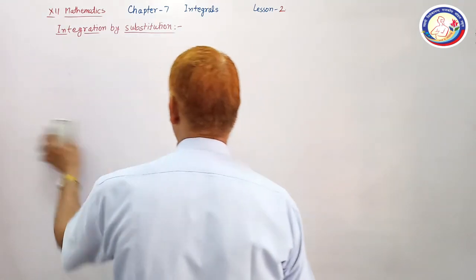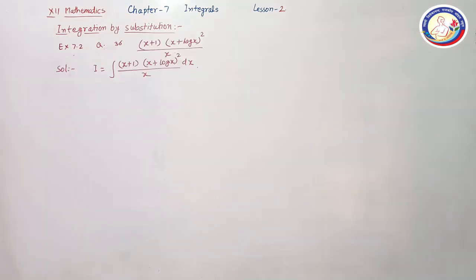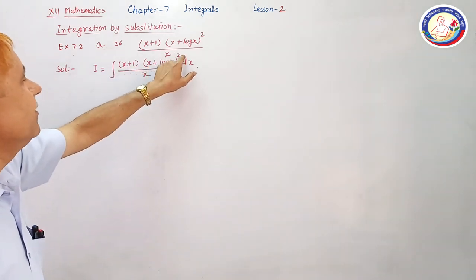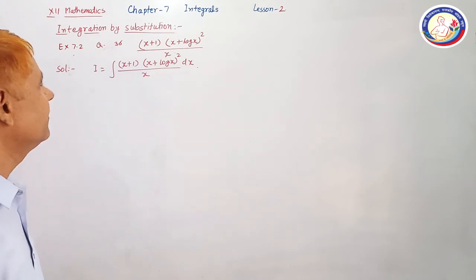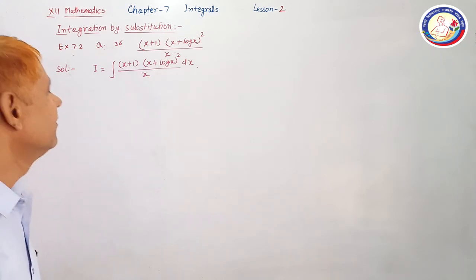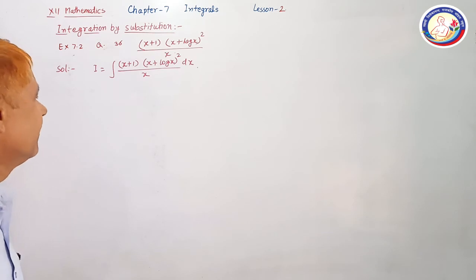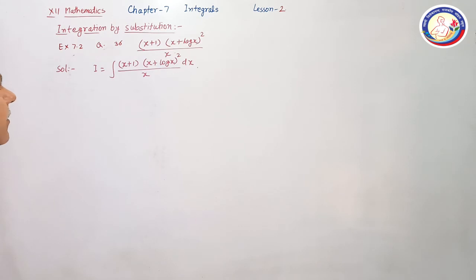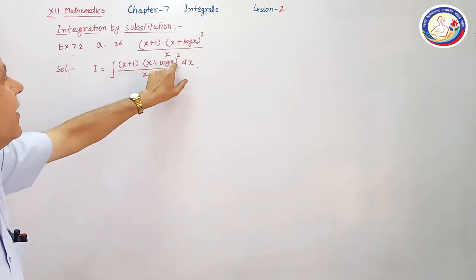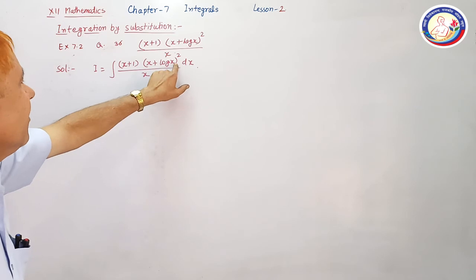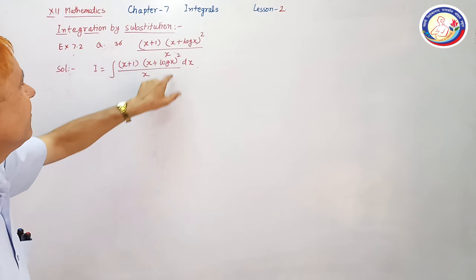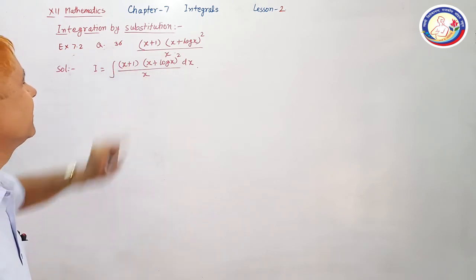One more and last example from this exercise. Inspect this. We are having x plus 1 and x plus log x square in numerator and x in denominator. What will be the substitution? My first impression is we must take this, because the differentiation of x is 1 and of log x is 1 upon x, and we can obtain it easily by dividing x plus 1 by x to get 1 plus 1 upon x.